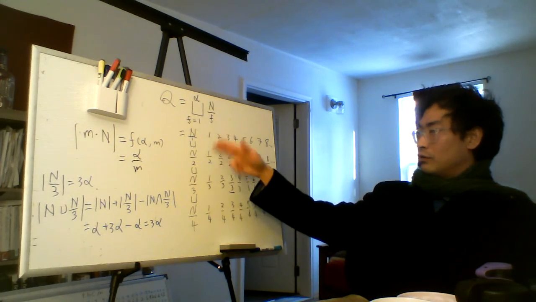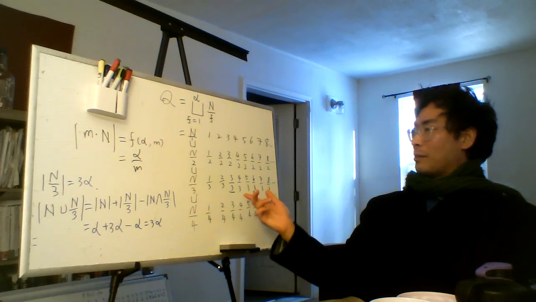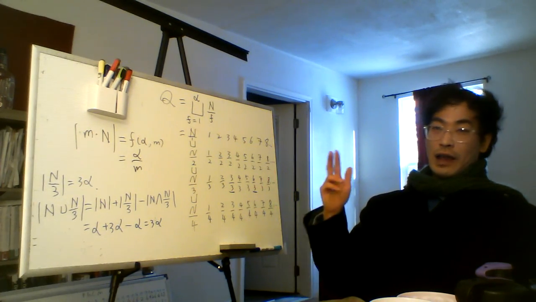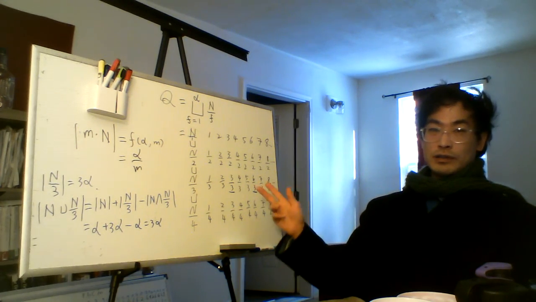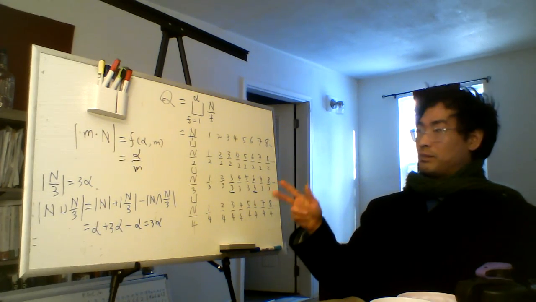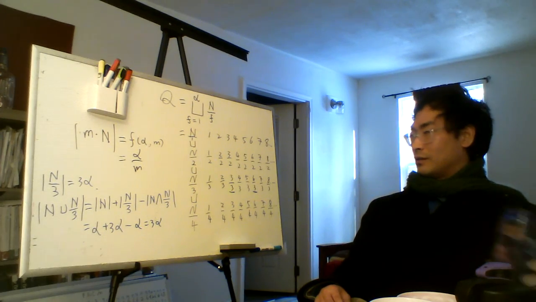Why? Because if you don't do it that way, it becomes very complex: a plus b plus c minus ab minus bc minus ca plus abc. Oh, it becomes a nightmare.